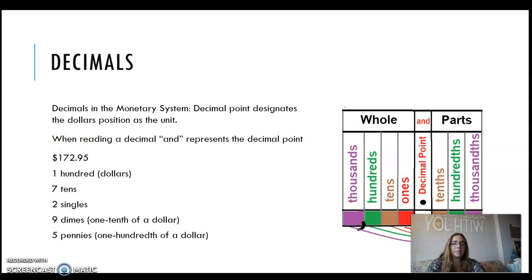It's 9 dimes, which is 1/10 of a dollar, in the tenths place after the decimal point. 5 pennies is 1/100th of a dollar, and that occurs right after the tenths place. So you can see the connection between decimals and the monetary system. It's important to recognize a decimal point does mean something. It's the difference between cents and thousands of dollars.